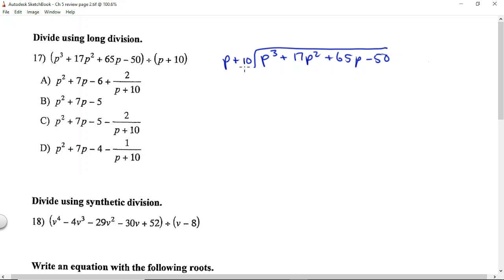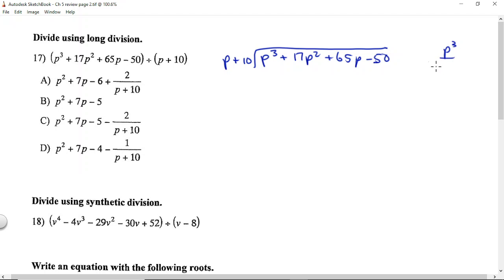I was saying, well, what do you multiply p times to get p cubed, which is a pretty good way to think about it. But if you're having trouble with it, we'll do it the simpler way and just take p cubed divided by p.